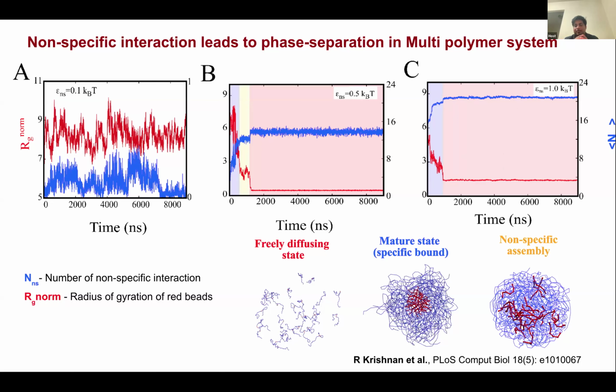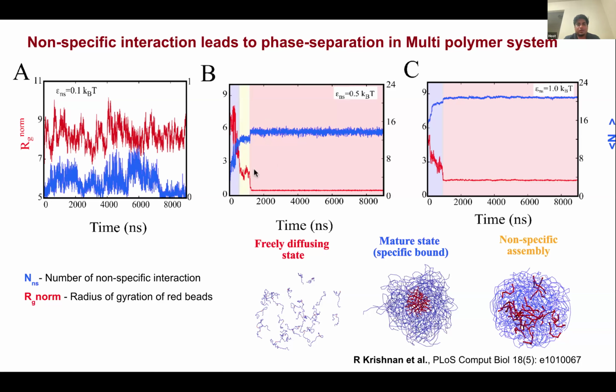What happens in the middle graph is very interesting. The Rg of the polymer tends to decrease, and the number of non-specific contacts tends to increase. In the blue region, you can see the phase separation starts, and in the yellow region you can see the reorientation happening. The non-specific contacts remain the same because they are formed into a cluster, but the Rg reduces.